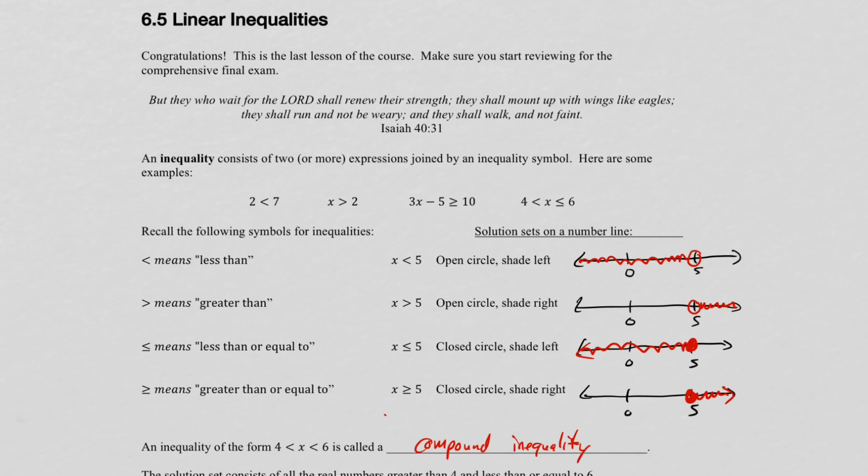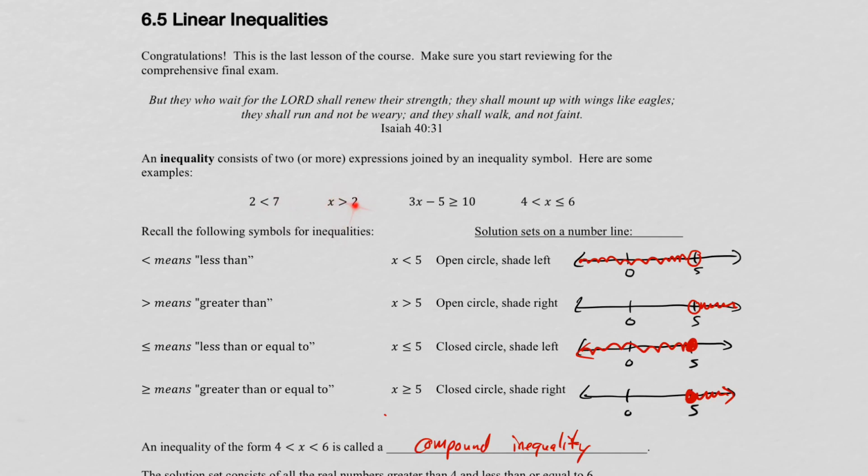So this is the inequalities, and basically it's different from equations, and so you can have true or false statements like this one here. It says 2 is less than 7. That is true.